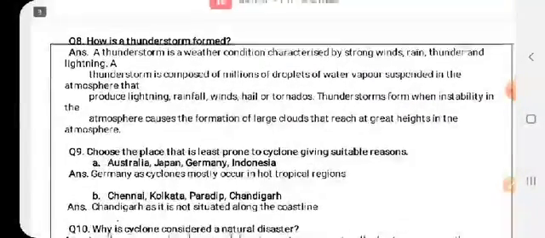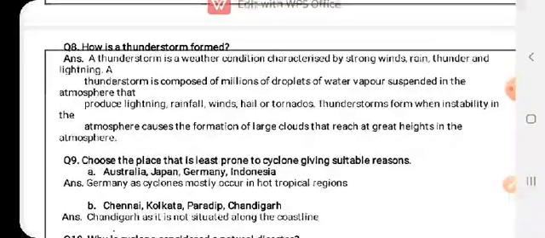Next is, how are thunderstorms formed? Thunderstorm is a weather condition characterized by strong winds, rain, thunder and lightning. It is composed of millions of droplets which are suspended in the air, producing lightning and rainfall. The thunderstorm forms when instability in the atmosphere causes formation of large clouds.